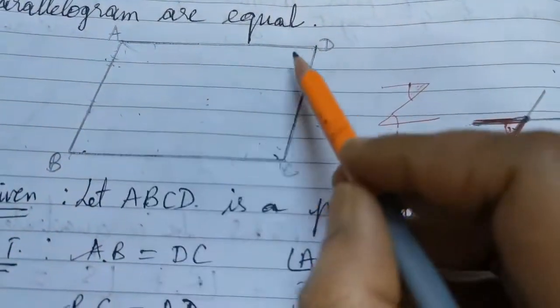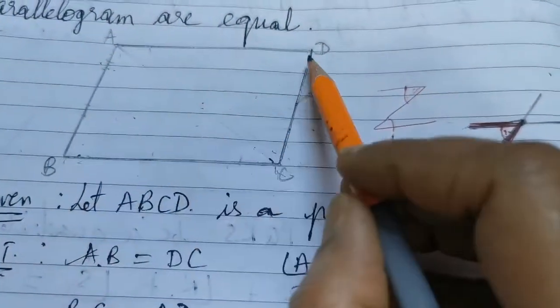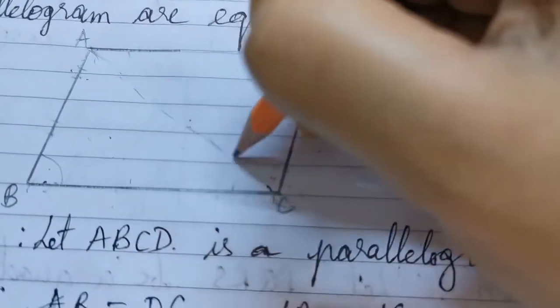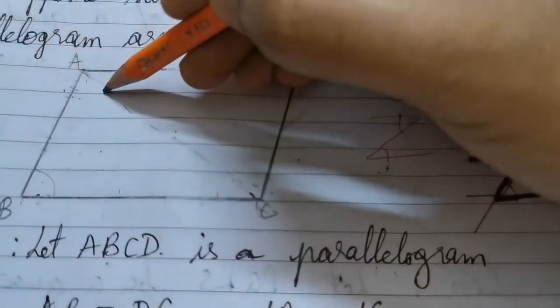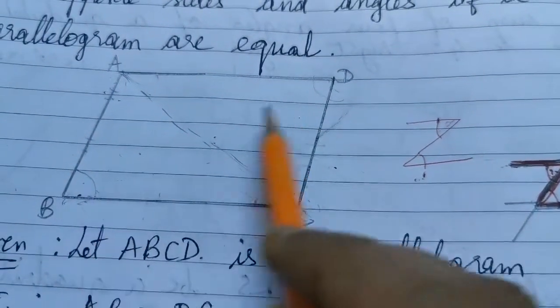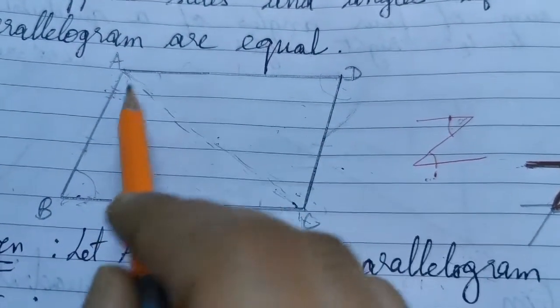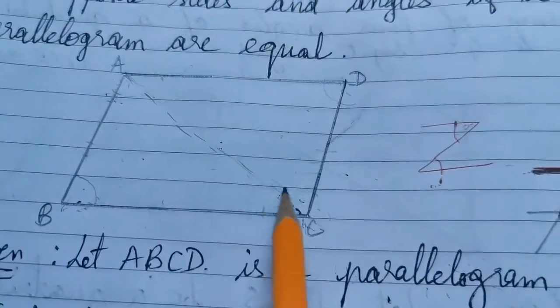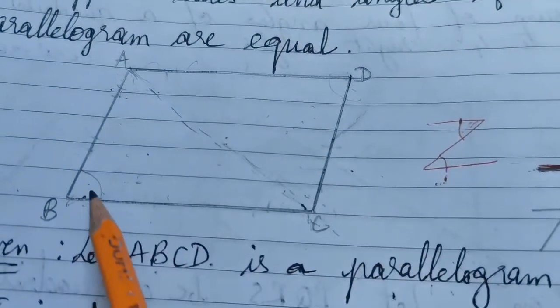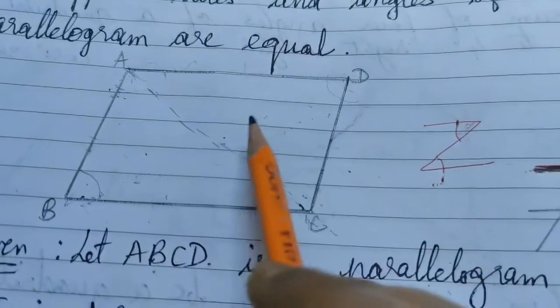So angle B and angle D were there as a whole, but when we joined AC, we have angle B and angle D fully. We didn't have angle A and angle C fully in these two triangles. When we compare these two triangles, we have only angle B and angle D fully.